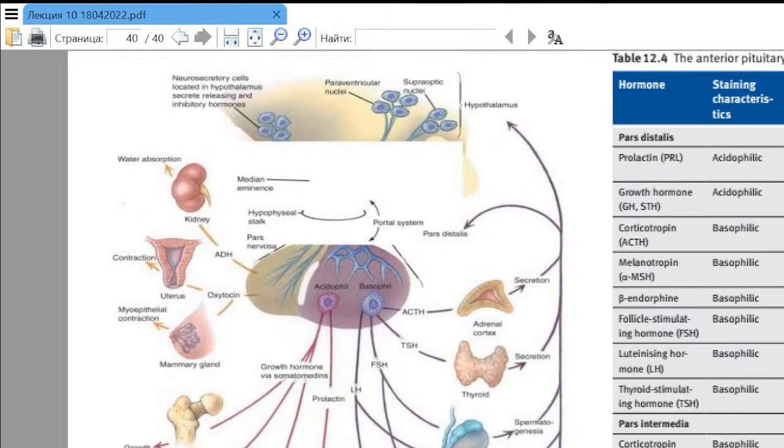You see the table, the anterior pituitary adenohypophysis hormones.